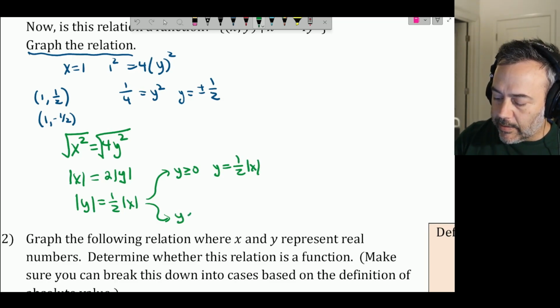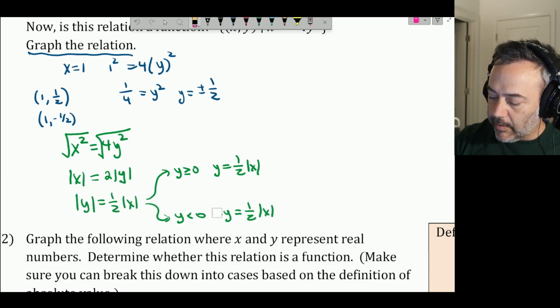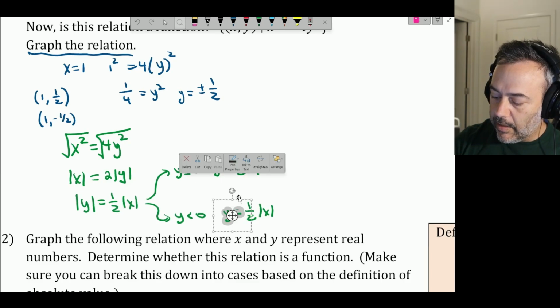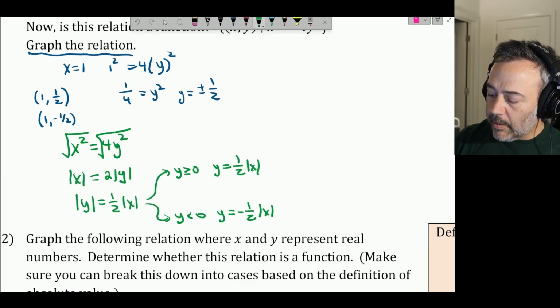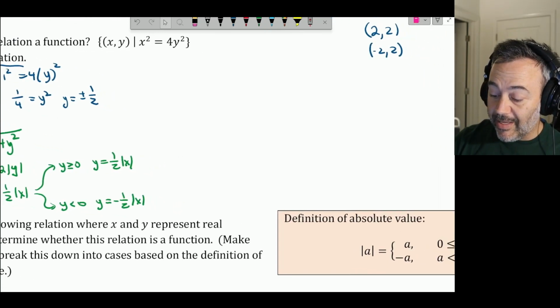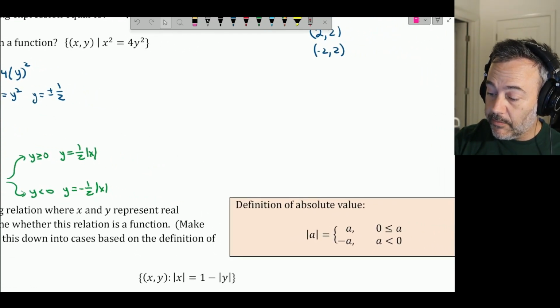And if y is negative, by the definition of absolute value, we have negative y equals 1/2 the absolute value of x. Now, it may be nicer and easier to just write that negative on the other side of the equation, like this. And we have two graphs that aren't too bad to graph if you know your absolute value graphs.